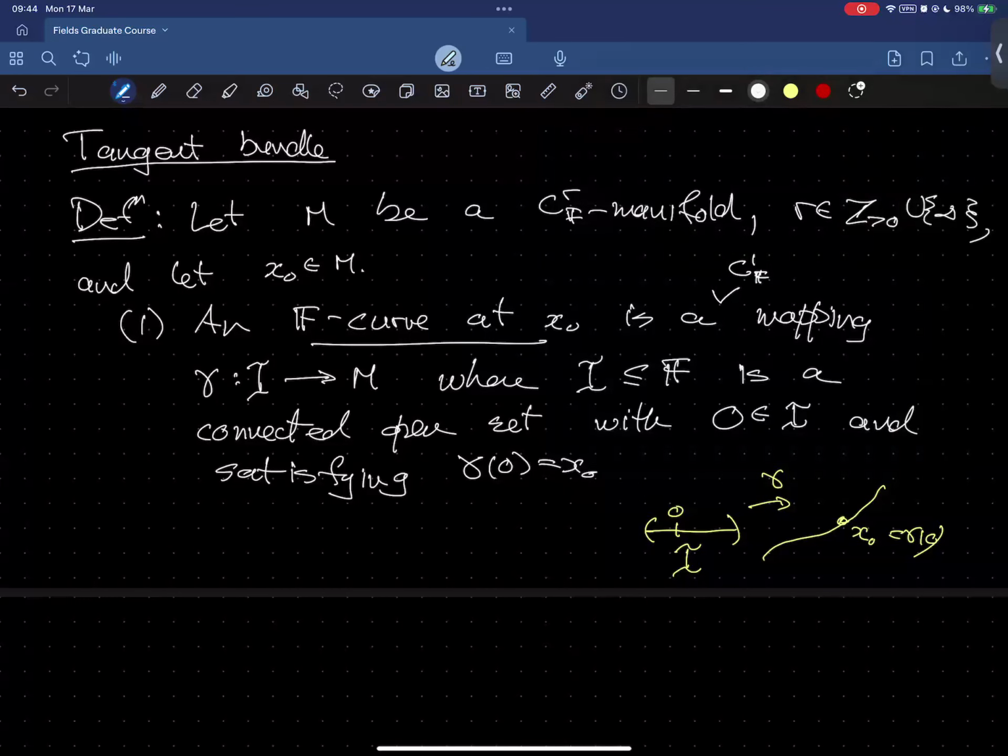So now the important thing here is to say what it means for two curves to be equivalent.